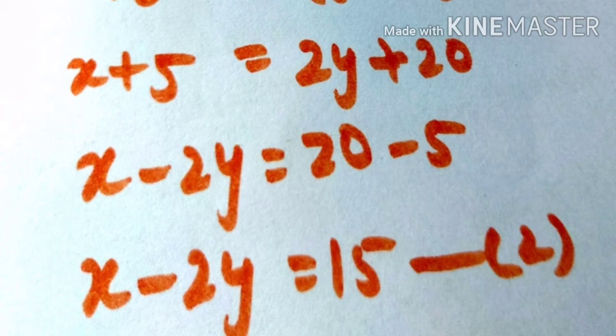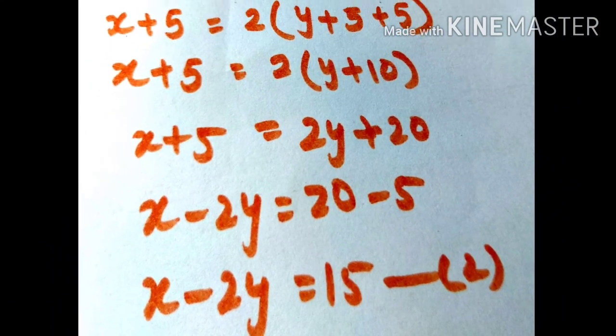Now students, you all know how to use our substitution method. Here you can use the substitution method to get our x and y values. You can find your answer by yourself; I have not solved it completely.